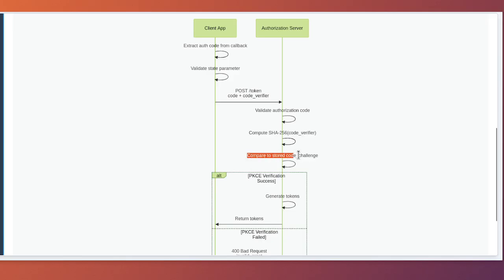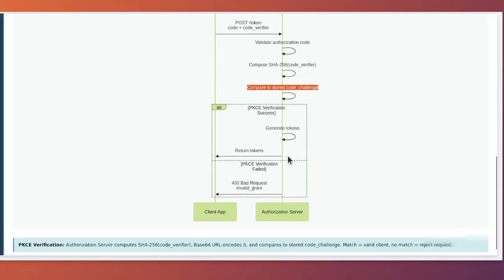The authorization server will take this verifier, compute SHA-256 of the code verifier, Base64 URL encoded, and compare it to the code challenge it stored earlier. If they match, the authorization server knows with cryptographic certainty that the client making this token request is the same client that initiated the authorization flow. An attacker who intercepted the authorization code would not have the code verifier and therefore could not complete this step.